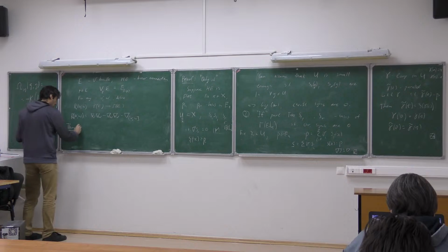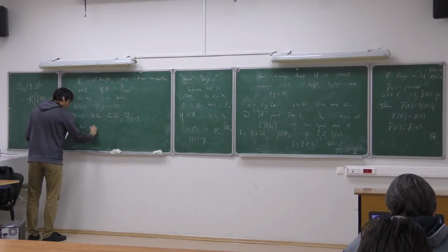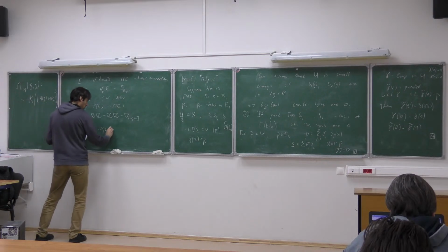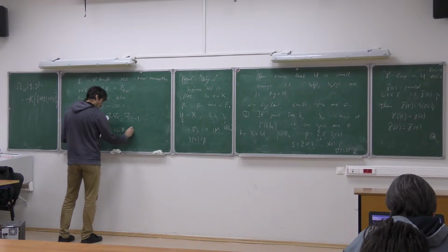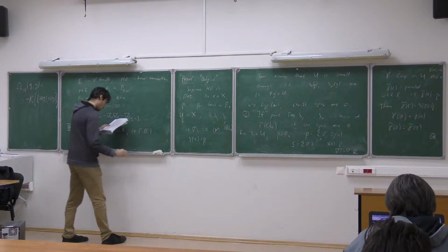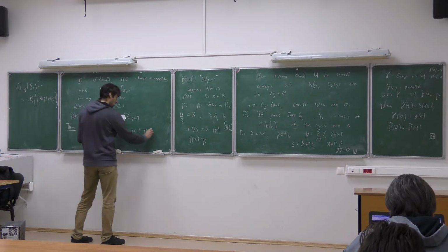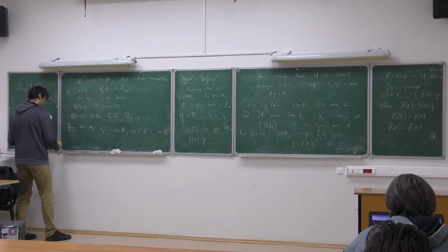So for any V, W, which are vector fields on X, S, which is a section of E, and x, which is just a point in X, we have the following.